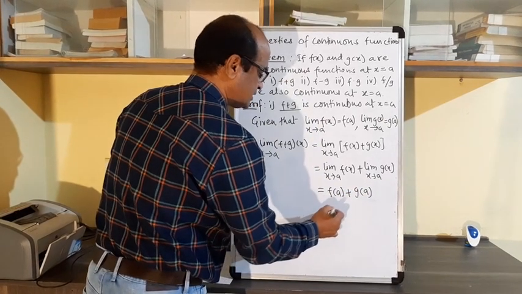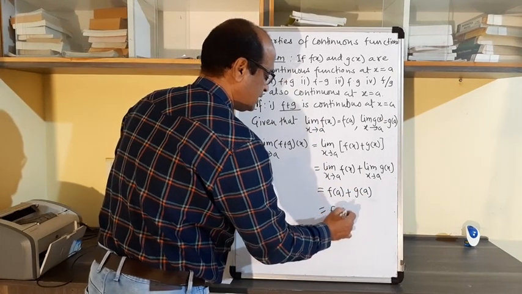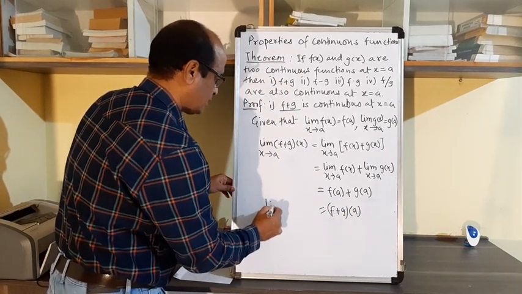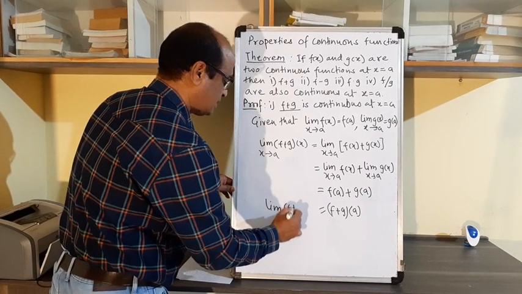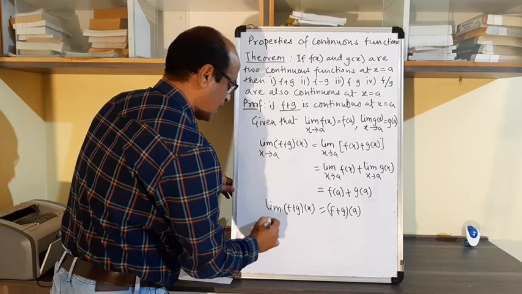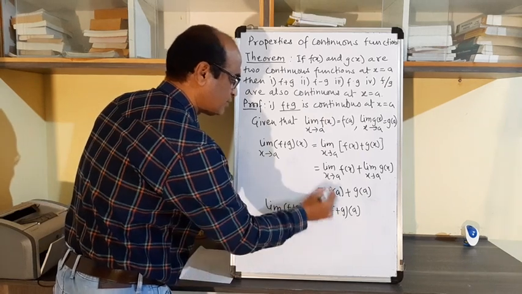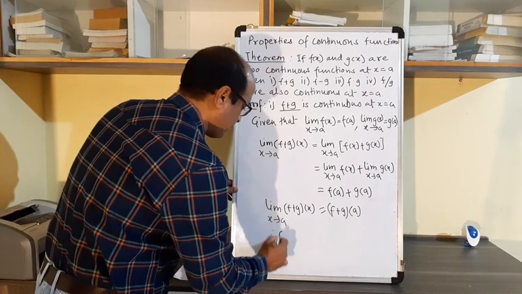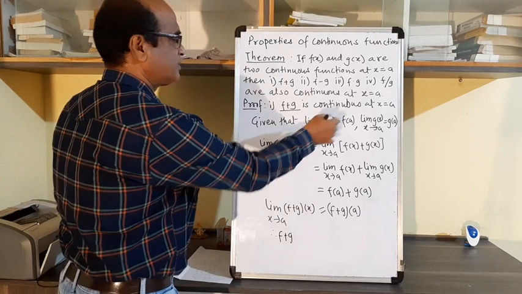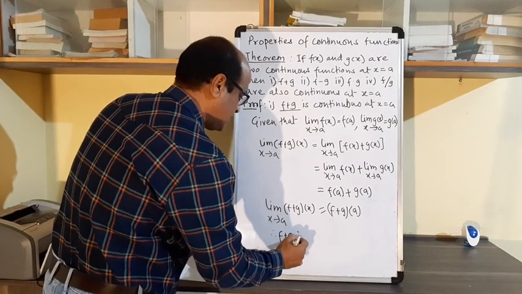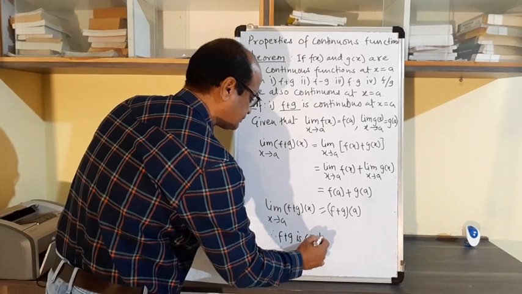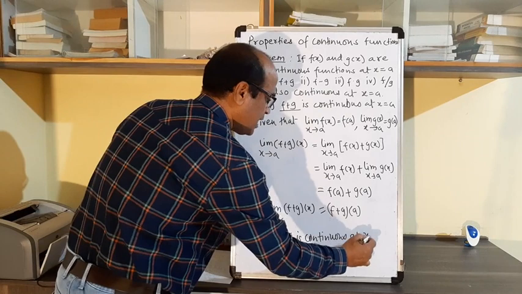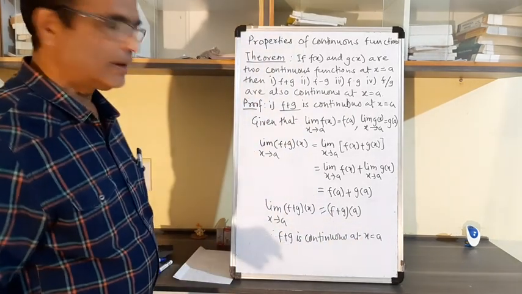So we can write this in the form, (f plus g)(a), means here limit of (f plus g)(x) as x tends to a is equal to (f plus g)(a). Therefore, by using this definition, f plus g is continuous at x is equal to a. So this is a very simple proof here.